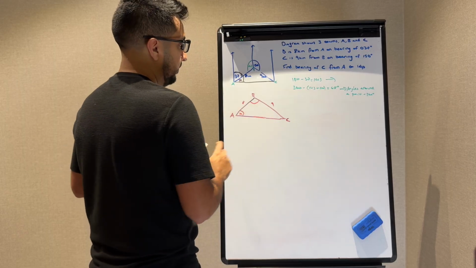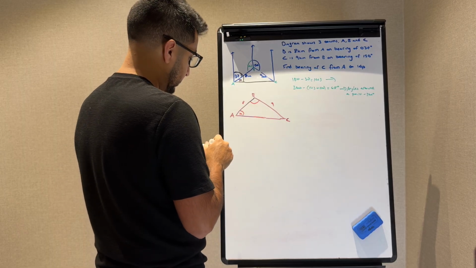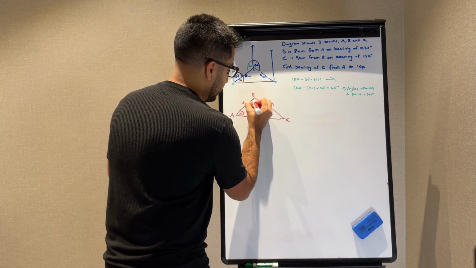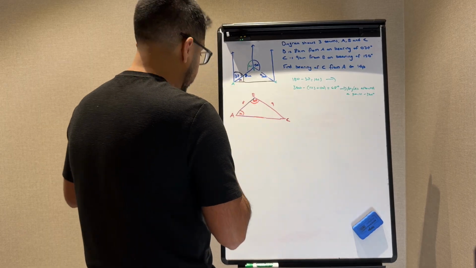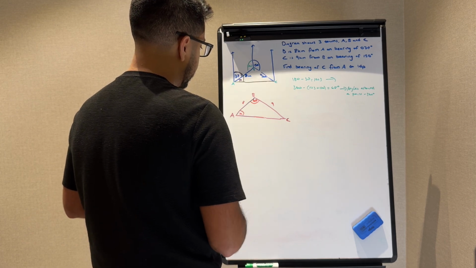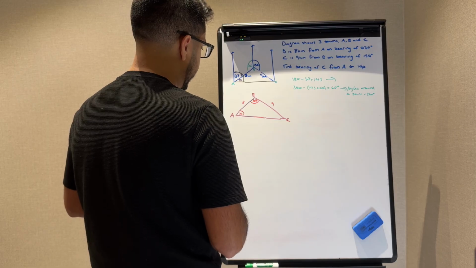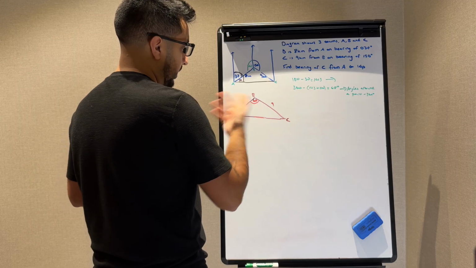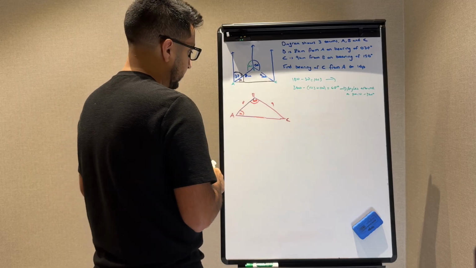Okay, so we now have angle ABC, 67. We have 8, we have 9. I'm going to go with the cosine rule to find this length here, and then we'll go again with it.